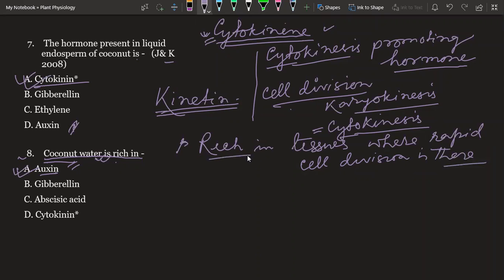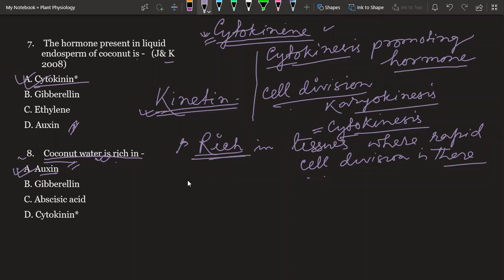Usually in the shoot apices, root apices, the young leaves, fruit and flower, where the division is very fast, in those places this hormone is found.